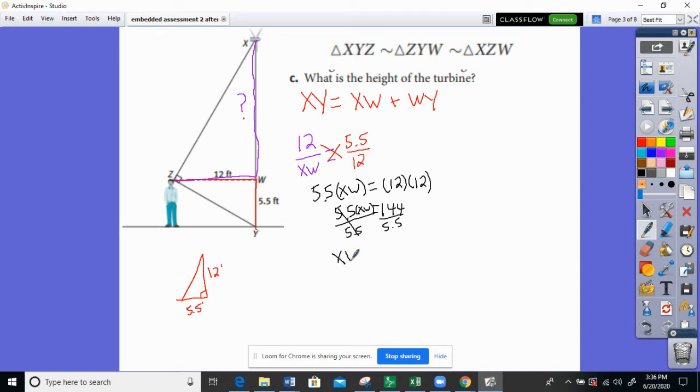So that's going to tell us that the length of segment XW is 26.2 feet. And now, in order to find the final answer, we're going to add that 26.2 feet plus the 5.5 feet representing Yoshio's height, and that's going to give us a final answer of 31.7 feet.